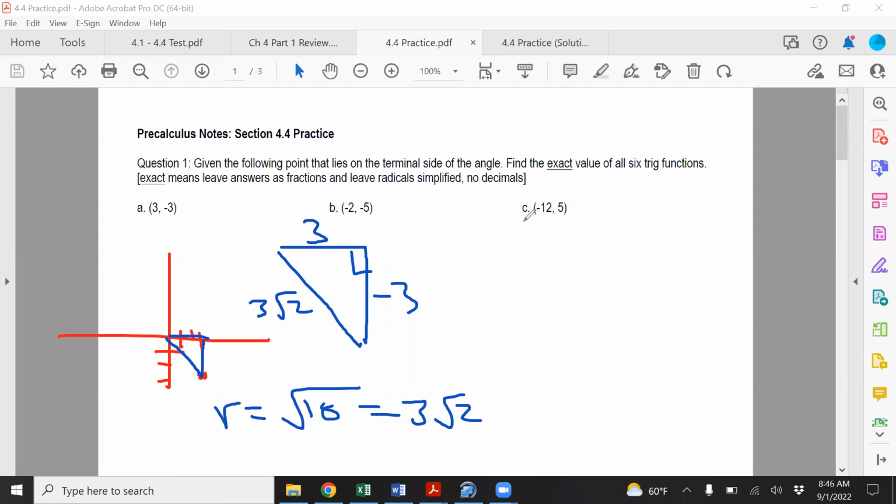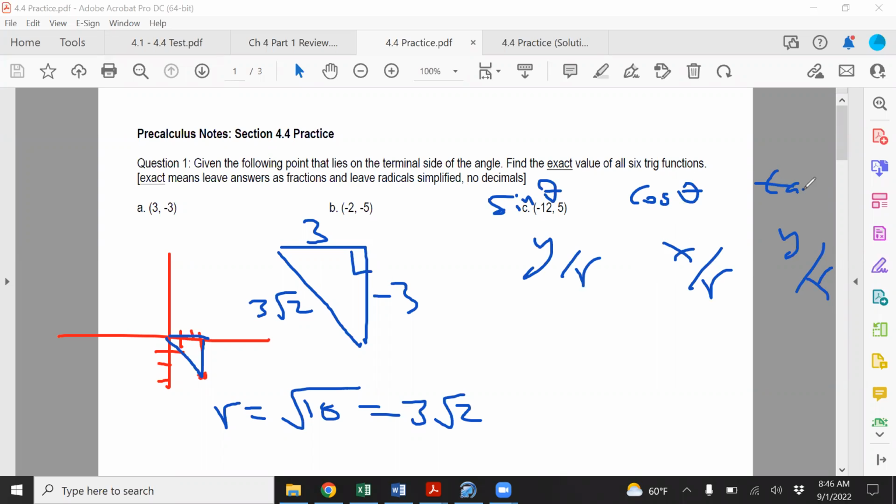At this point, what you're doing is you're doing y over r, x over r, and y over x for sine theta, cos theta, and tan theta. And you're going to flip all of them to get the cosecant, secant, and cotangent. So what is our y coordinate here? Obviously, it's -3, right?